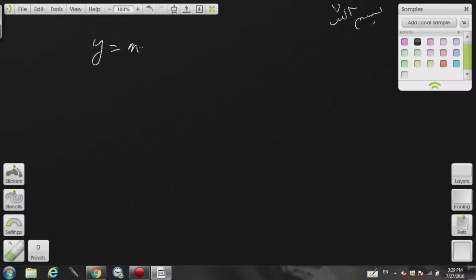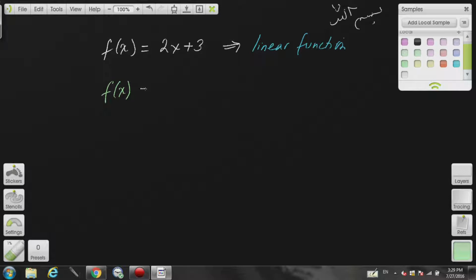So, y equals mx plus b. This is a line, okay? So, if I give you f of x equals 2x plus 3, this is what? This is a linear function, correct? And if I give you f of x equals 2x squared plus 3x plus 5, this is a quadratic function.